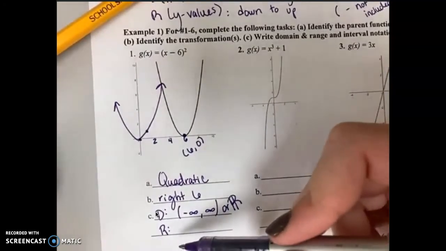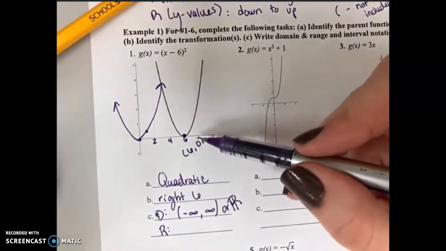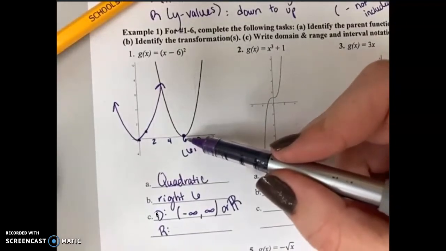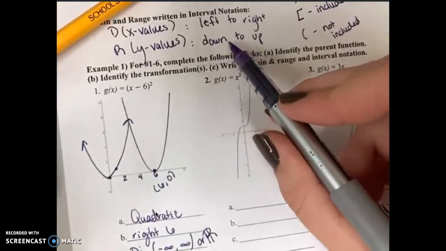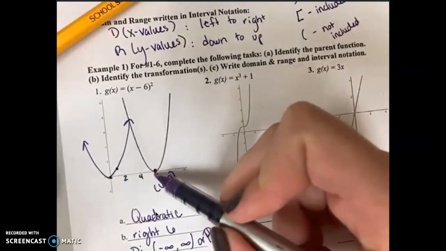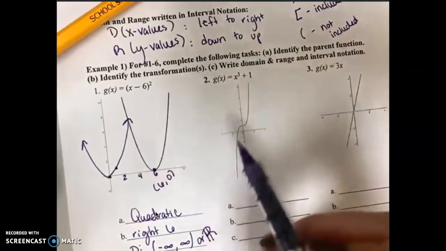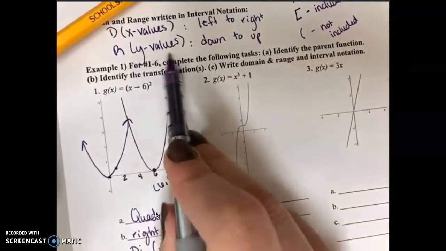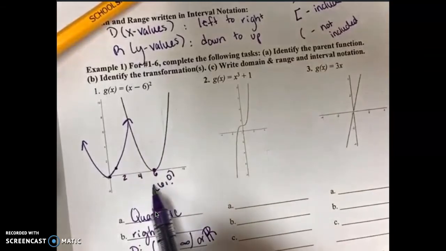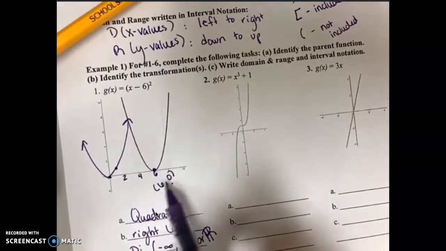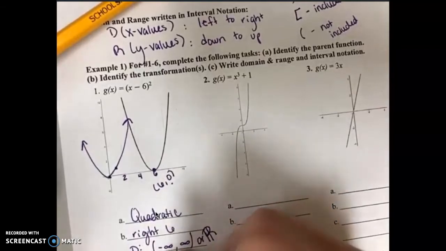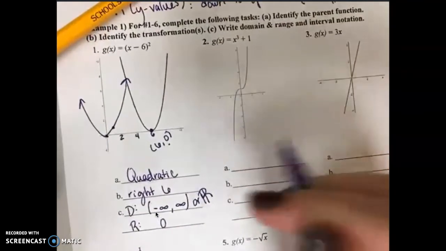Now, range is restricted with a parabola. I have a minimum. Okay? So I always need to read range down to up. The bottom of the graph has a y value of 0. So I'm going to ignore the 6. The 6 is an x value. I didn't use it. I'm using 0 for the bottom of the graph.